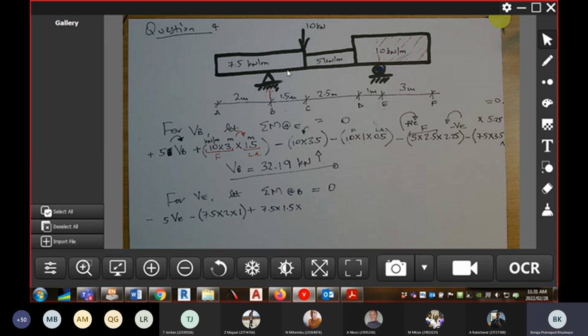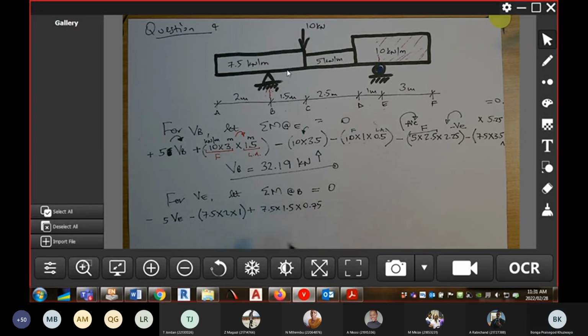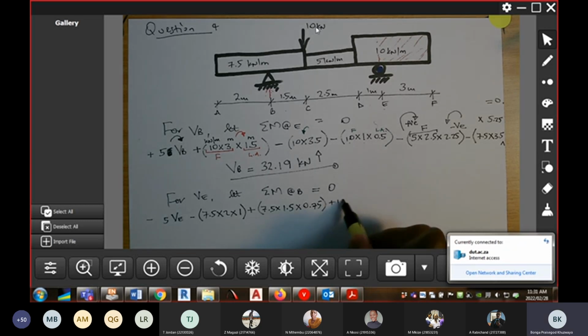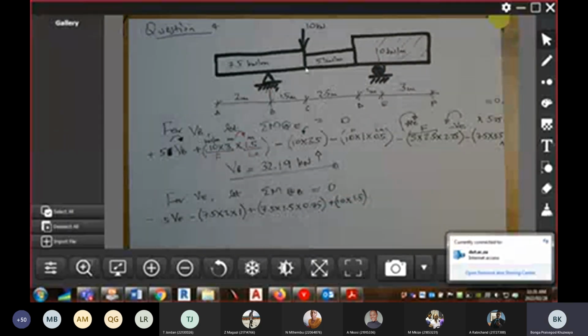Okay, so what is 1,5 divided by 2? So you've got 0.75. The next one is the point load. So plus 10 times the lever arm for the point load is 1,5. Okay, followed by the UDL of 5 kilonewton per meter.